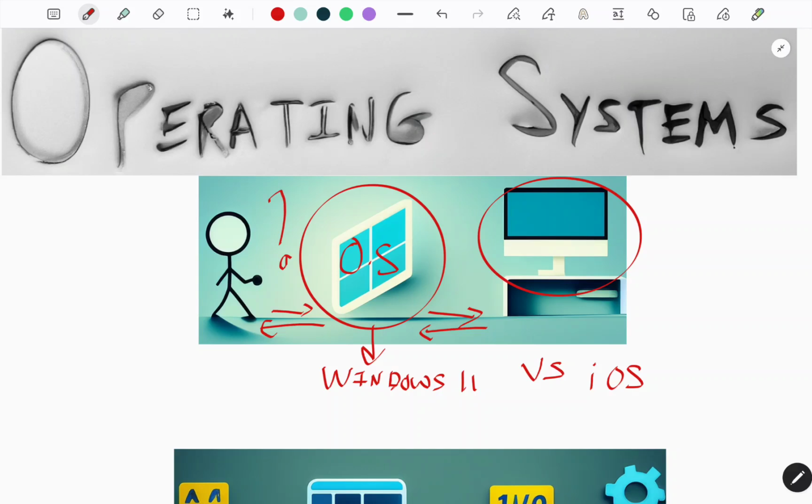Because in terms of the interface, later we'll look at more details, the role of the OS, you have a different interface and a different way of communication. How are you going to communicate with the hardware? At the end of the day, the interface might be different, but the output should be the same.